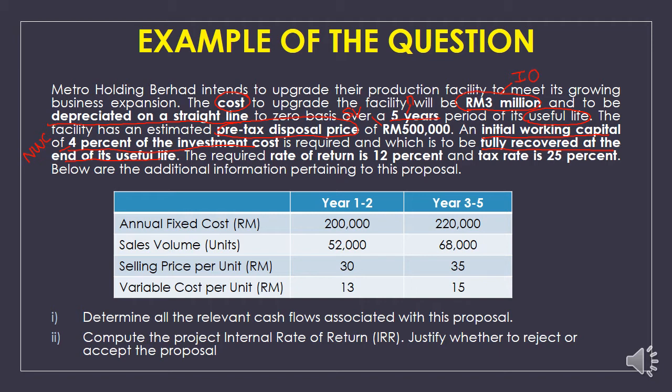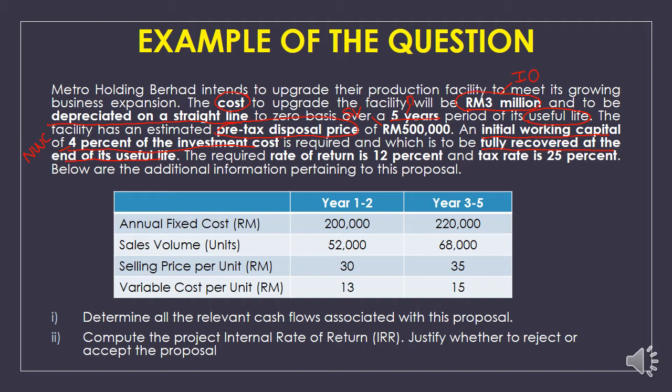And because the information says fully recovered, it means that the net working capital incurred at the beginning of the project will be recovered back at the end of the maturity period, which is year 5.